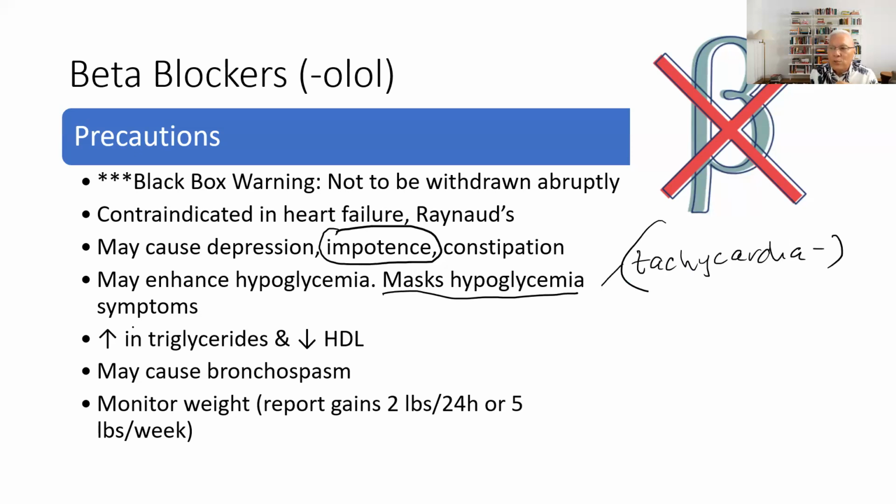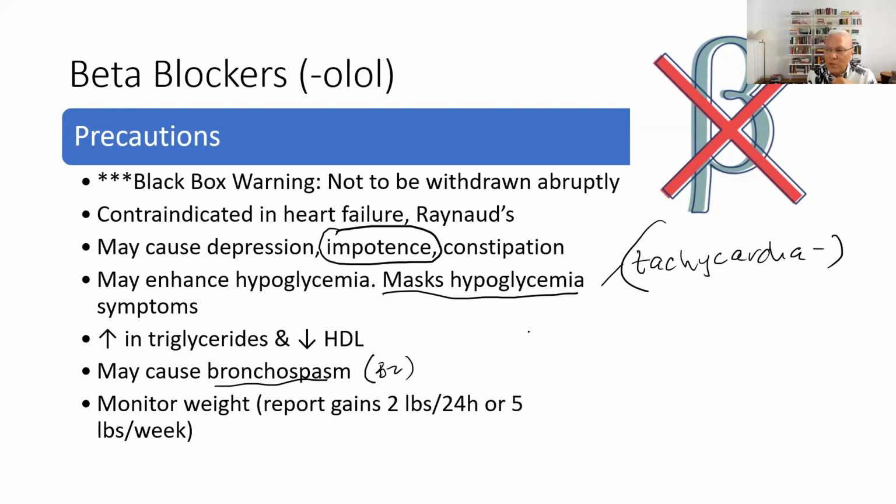Now, in addition to those, it might increase triglycerides and lower your good cholesterol. And of course, non-selective beta blockers could cause bronchospasm, because if you block beta 2, then you're going to cause bronchoconstriction. And lastly, the other nursing intervention here is to make sure that you monitor the patient's weight.